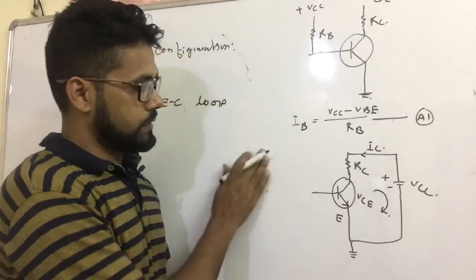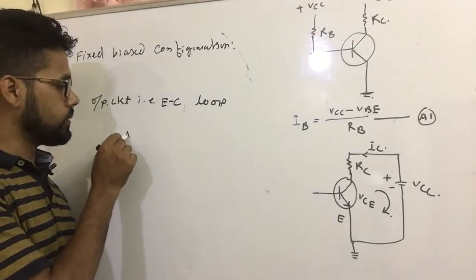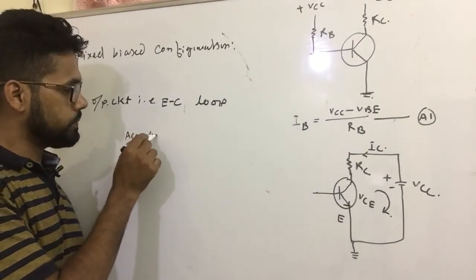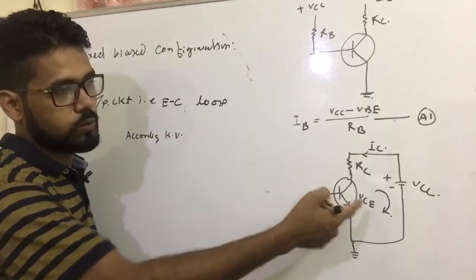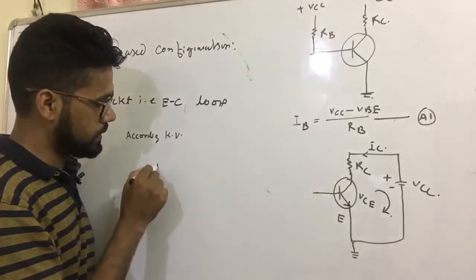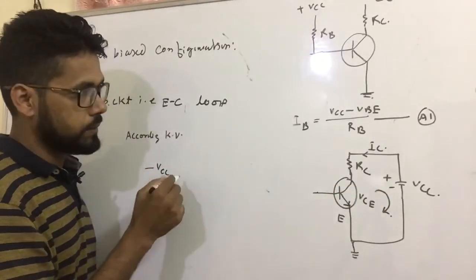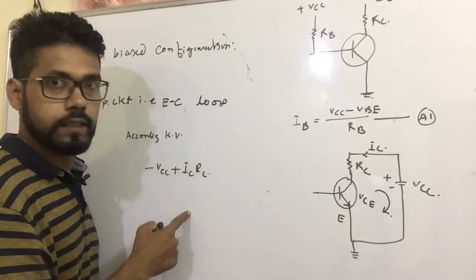Now, according to Kirchhoff's voltage law, what is the equation? Look at this equation. First minus VCC, clear? Plus IC RC, okay?